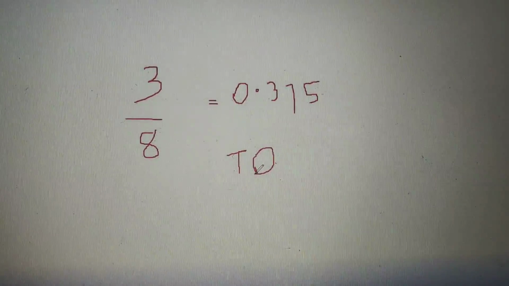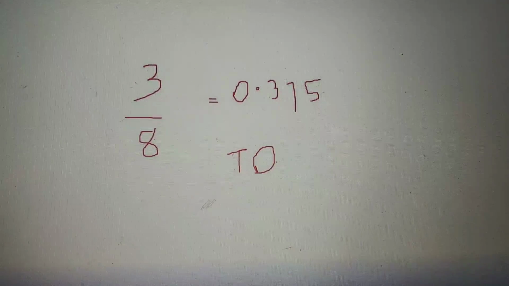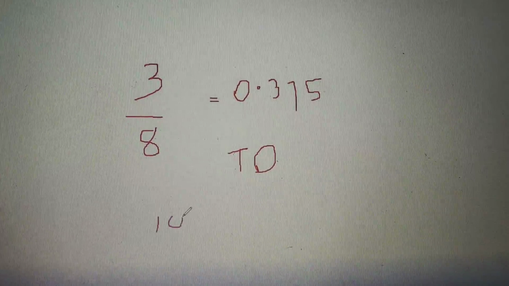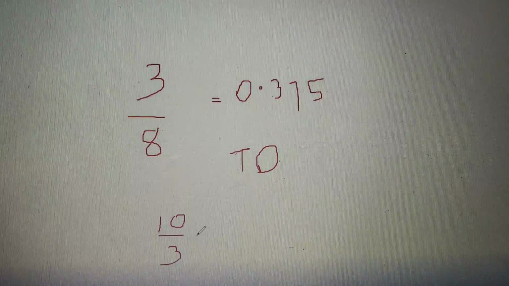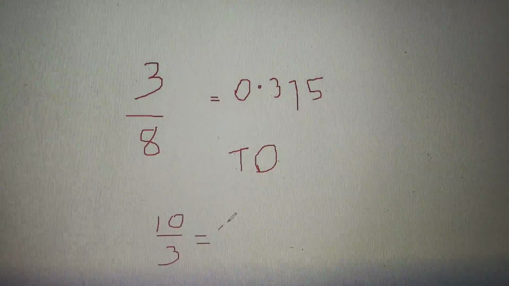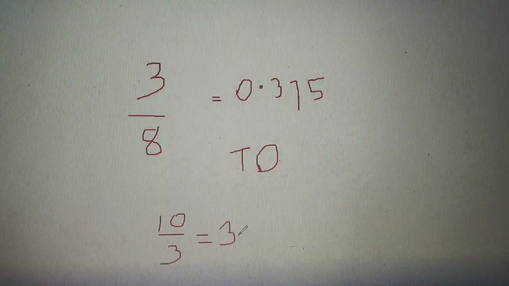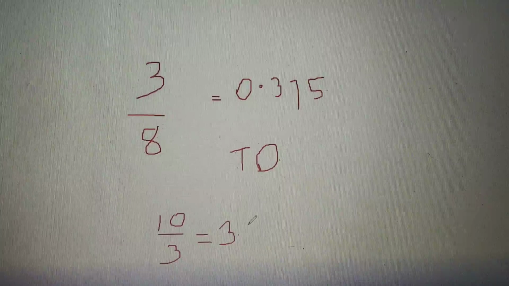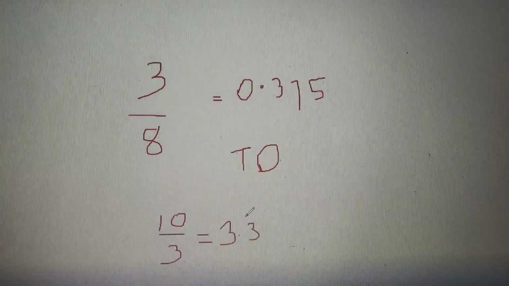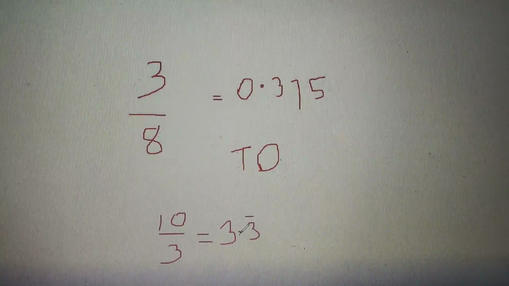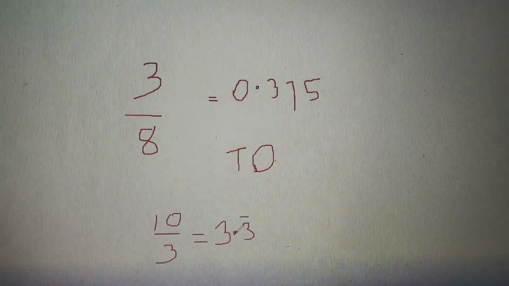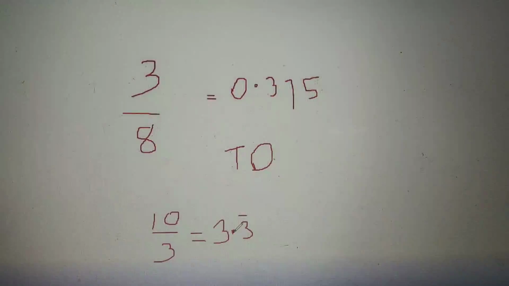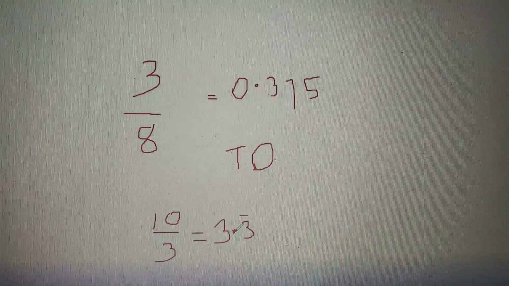Now if I take 10 by 3 and solve it, I am getting the answer 3.3333. That means 3 is getting repeated after the decimal. So I will put a bar over 3, and now this number will be non-terminating but repeating, because at least the same number is getting repeated again and again.